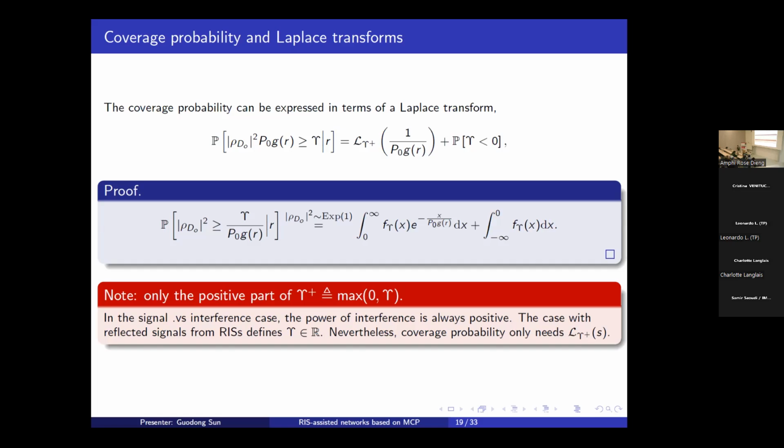So using that trick, you find the coverage probability is represented by the Laplace transform of the positive part of epsilon plus the CDF, plus the probability of its negative part. So here is a gap. In previous slides, you get the Laplace transform of epsilon. Now you only need its positive part.